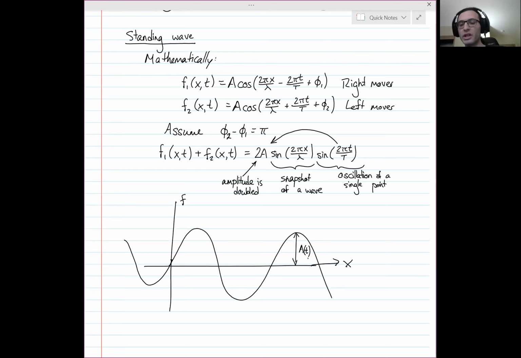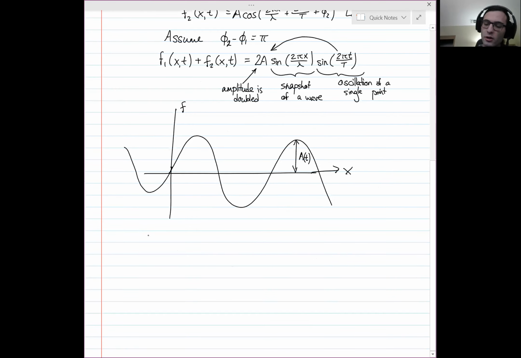So often when you see this type of wave combination, which you'll see an example of in the homework, where you have the sine or cosine of x times the sine or cosine of t, that is a standing wave. Now, there is something to note here: this is not actually a single wave. Any single wave can be written as f of x plus or minus vt.